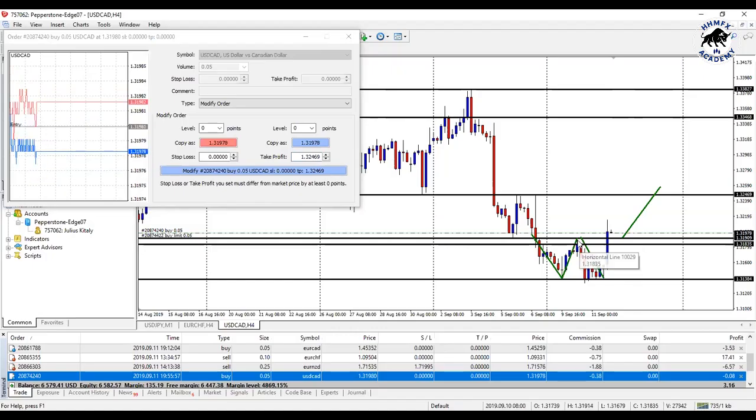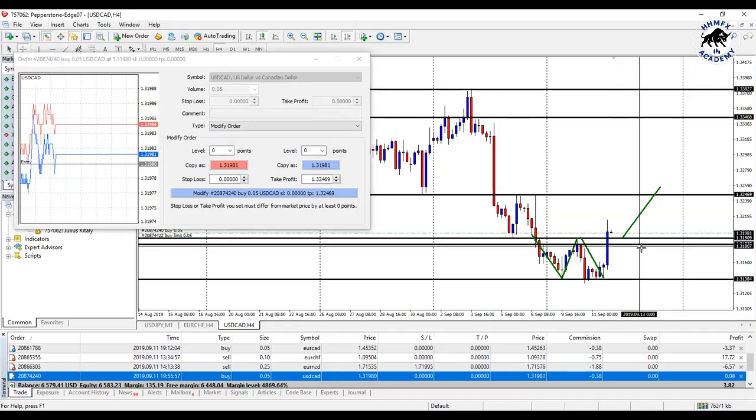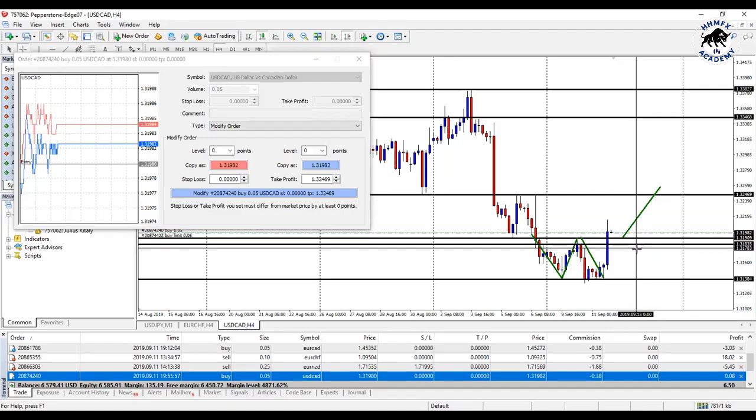If we take consideration of the shadow, my stop loss should be somewhere below the closing price of rejection on that resistance, guys. So I'll set my stop loss somewhere here.